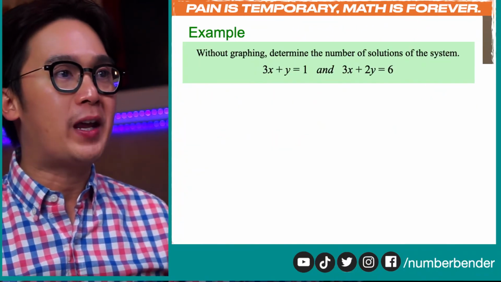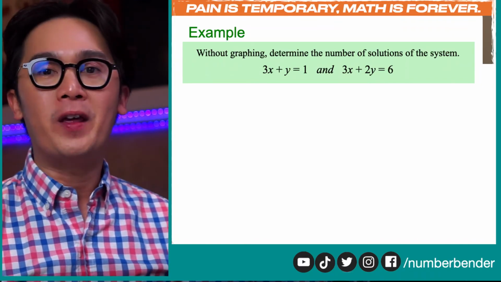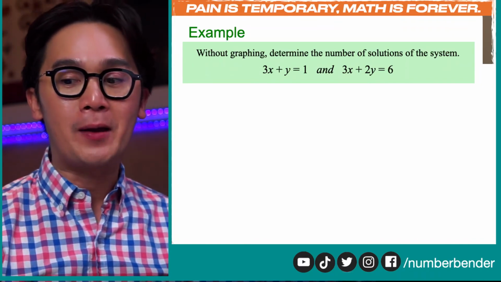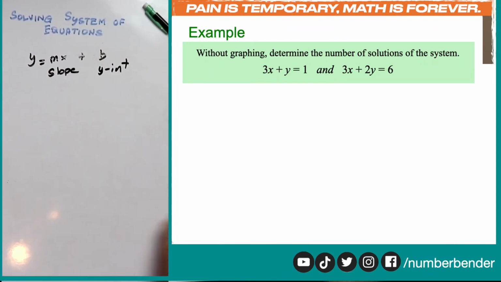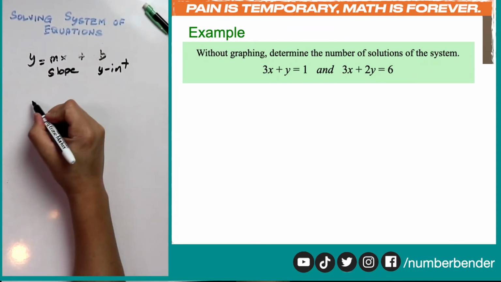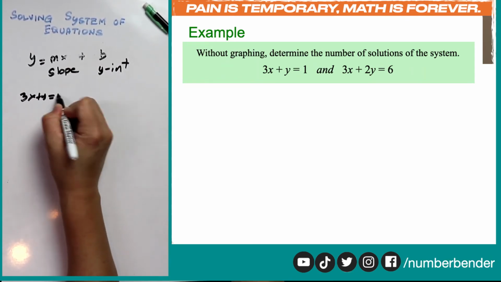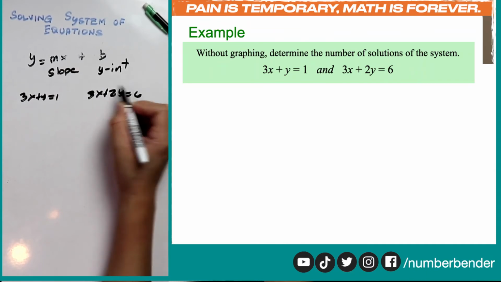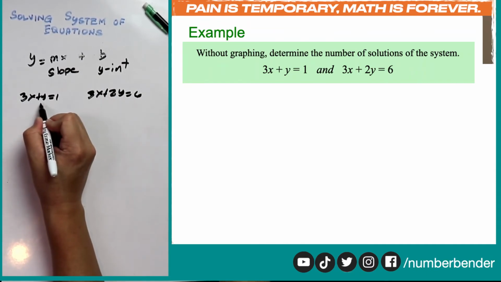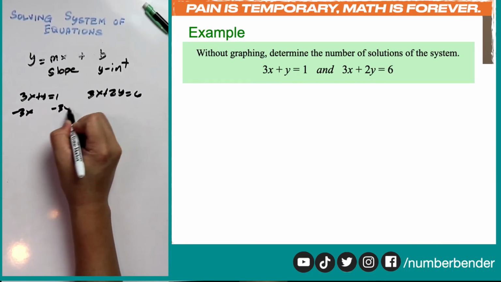So if we have 3x plus y is equal to 1 and 3x plus 2y is equal to 6 without using graph and by relying on our algebra skill, let's change this into the slope-intercept form. By isolating y, we'll have minus 3x on both sides.